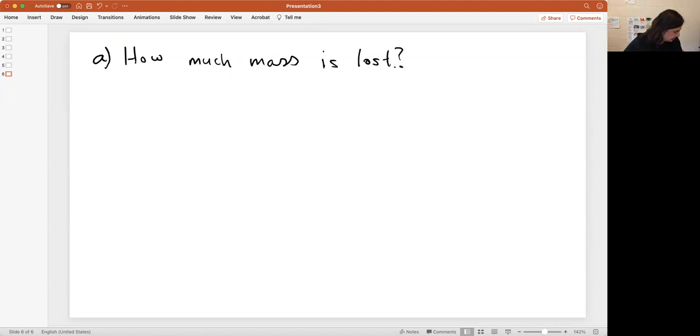So basically all you have to do is figure out how much the mass decreased.